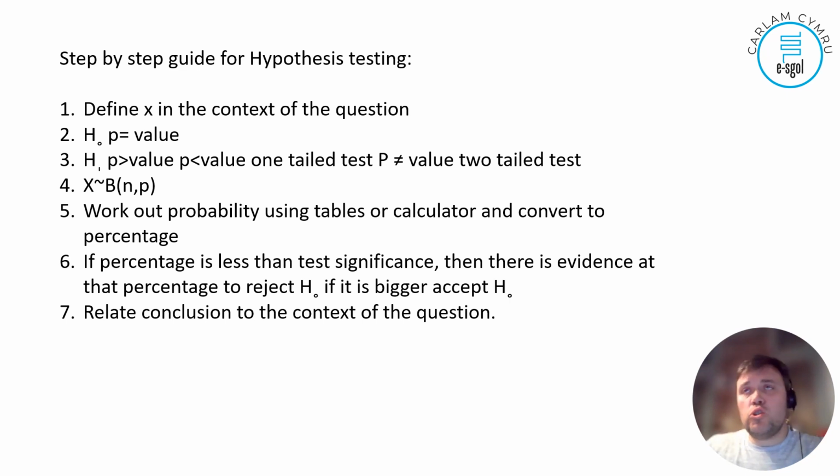Rather than saying strong evidence, I would say that there is evidence at that percentage. So if it's a 5% significance test, then I would say there is evidence at the 5% significance to reject H0, or the 1%, and that way you don't have to worry about using the term strong or weak. You can just put at that 5% significance. If it's bigger than, then you accept H0, and there's no real change to it whatsoever.